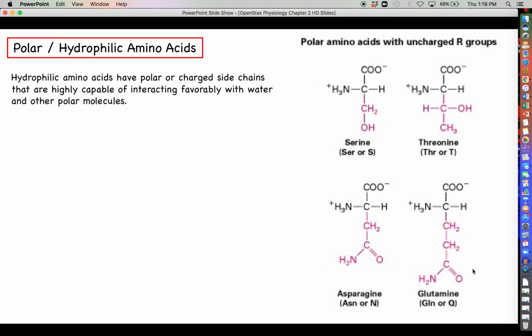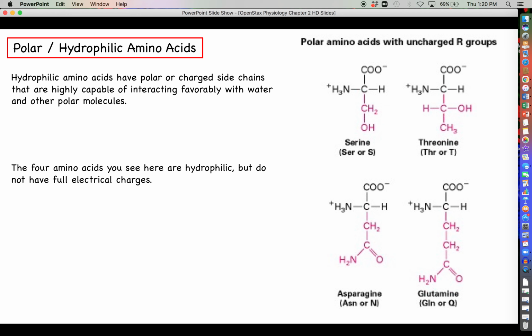Unlike the primary amine, this does not take on an electrical charge at a neutral pH, but it is still plenty polar, which is why we throw it into this category right here. So these side chains are definitely going to interact favorably with water. So if you've got a protein with a whole bunch of these polar hydrophilic amino acid side chains sticking out, then your protein's probably going to be pretty soluble in water, correct?